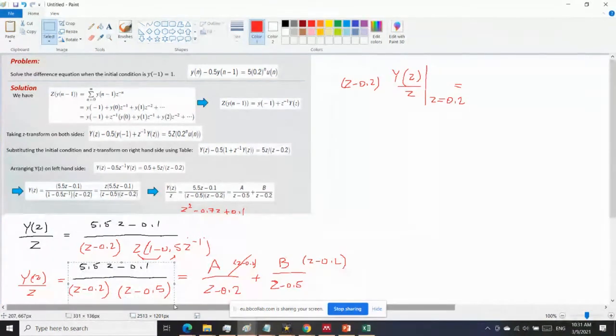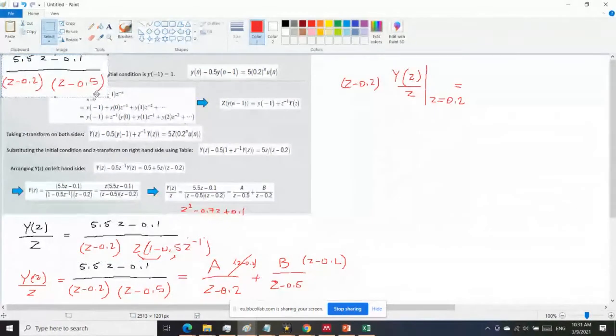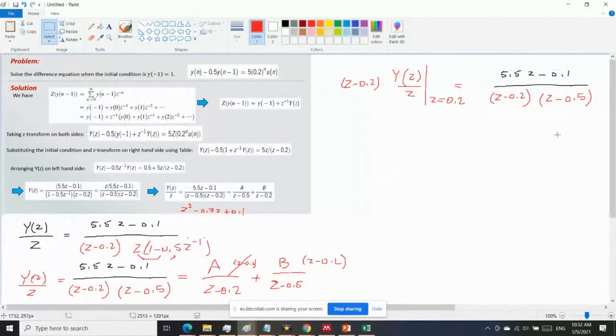So we need to use this one. Y(z) over z we multiply by this term. So what happens to this term? It cancels out. Now we have to evaluate this at z equal to 0.2.